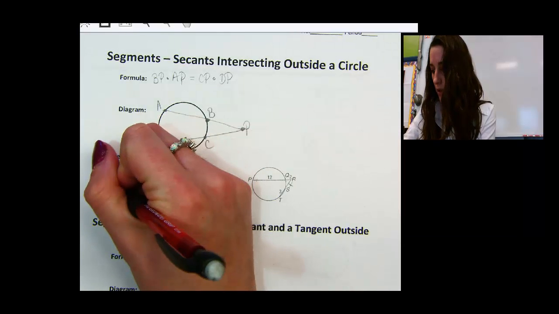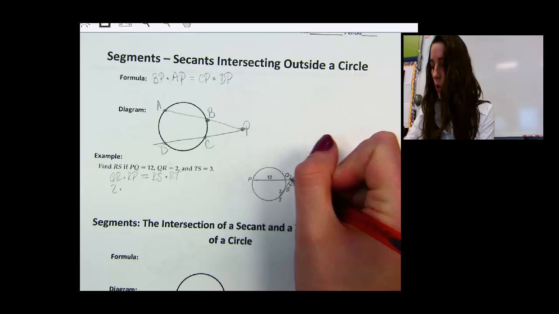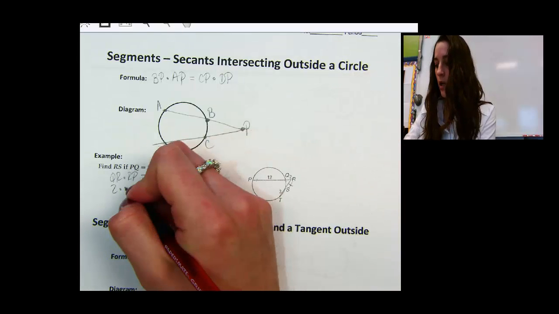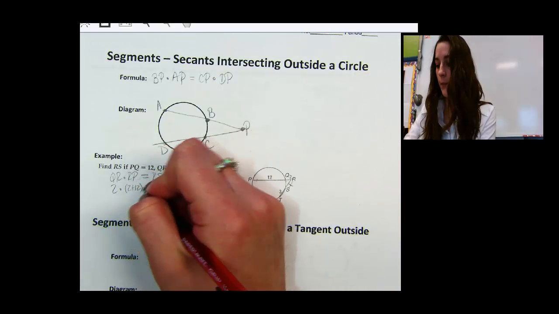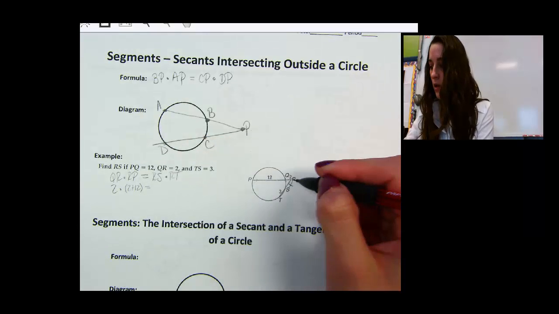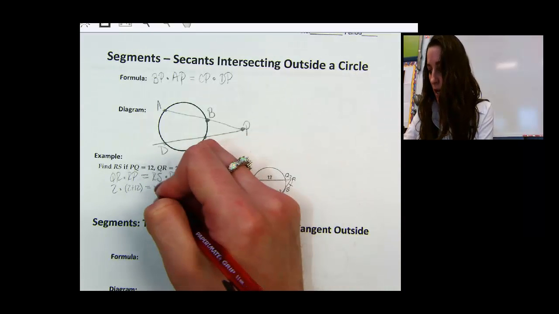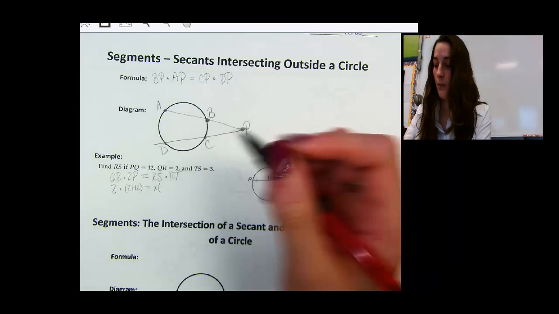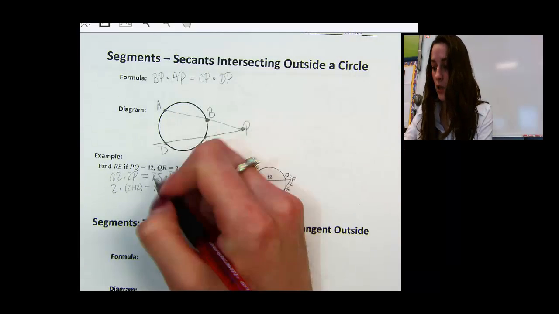So QR is 2 times the length of the whole segment, so that's 2 plus 12, is equal to the outside segment, which is X, times the length of the whole segment, which would be X plus 3.